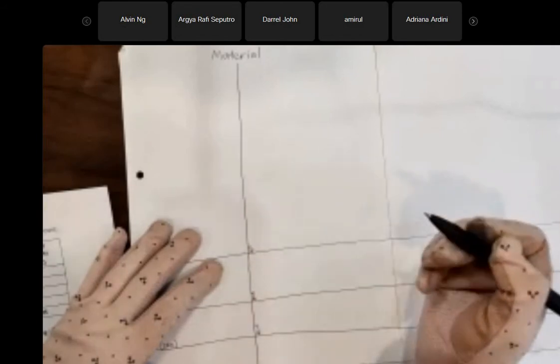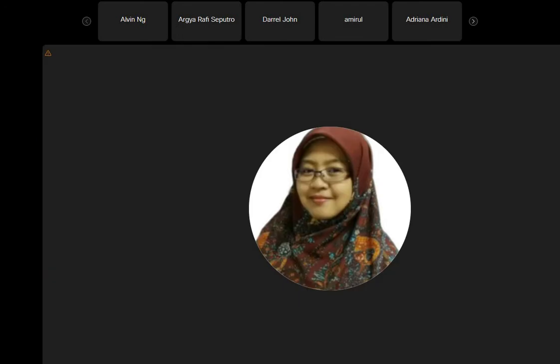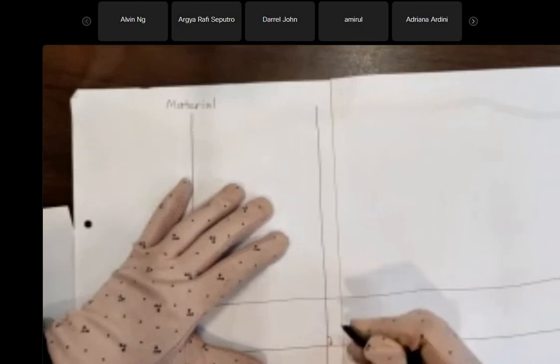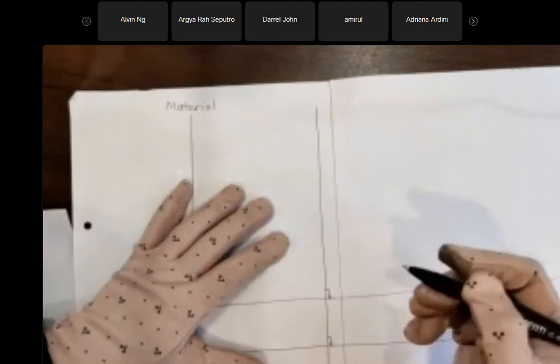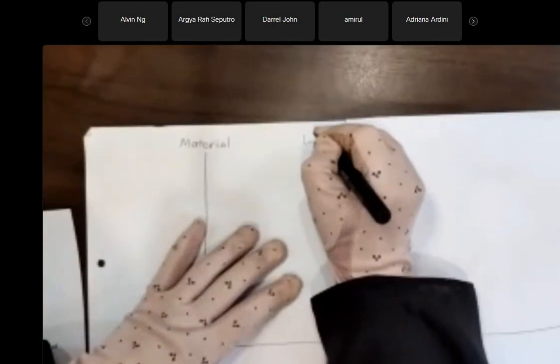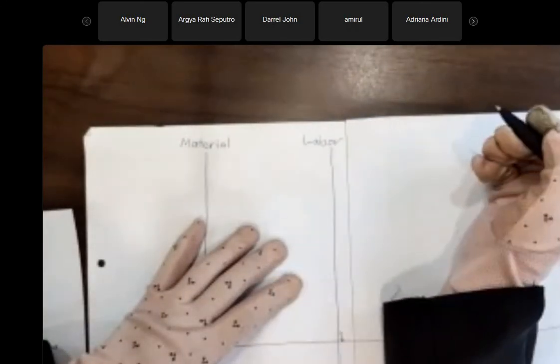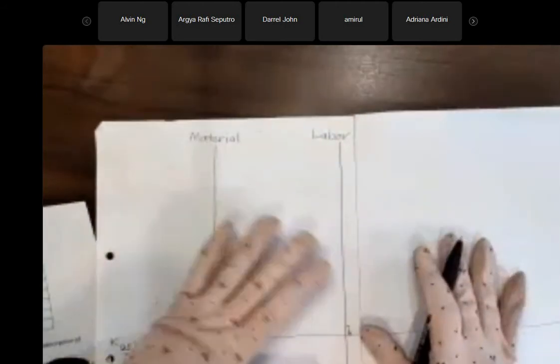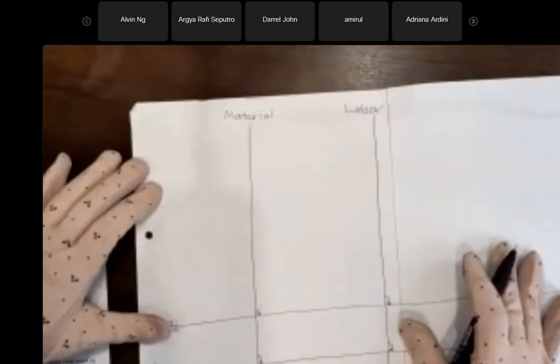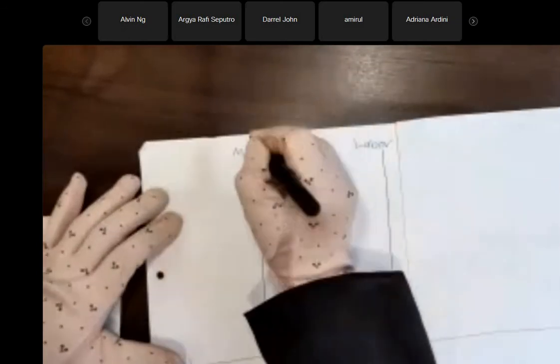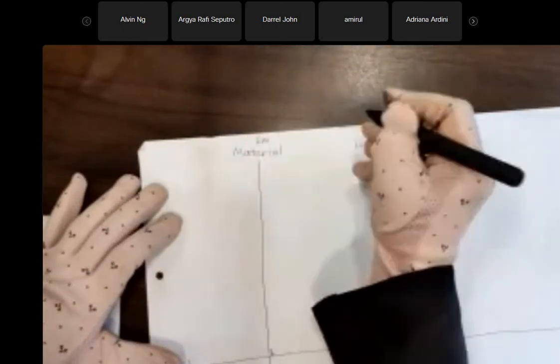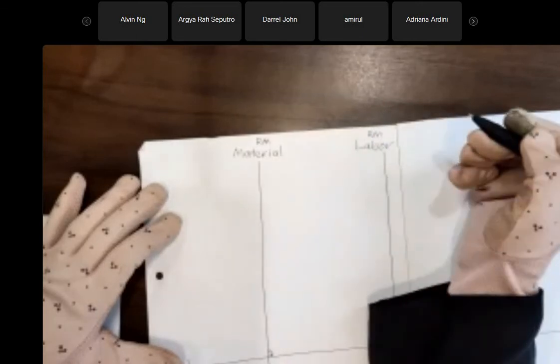And then the second is labor cost. We do these two first, material and labor. Remember the unit must be RM.